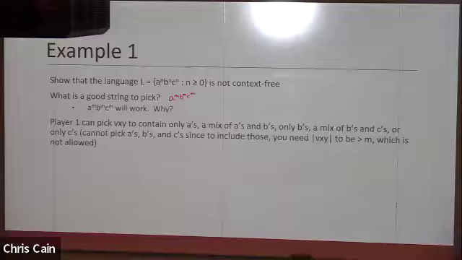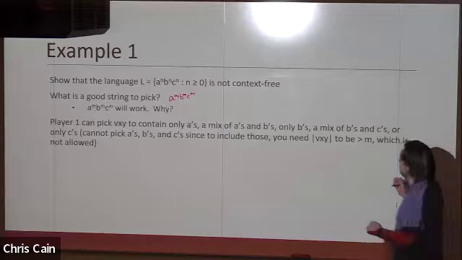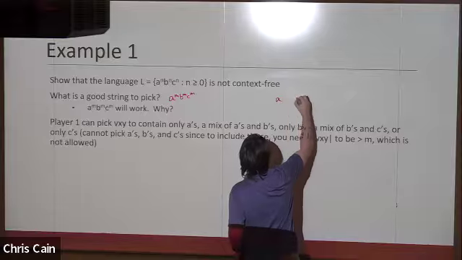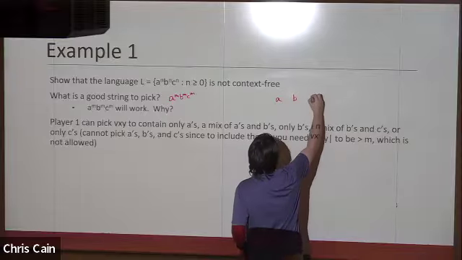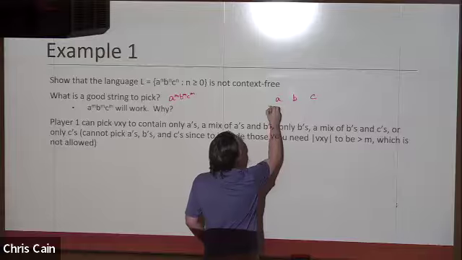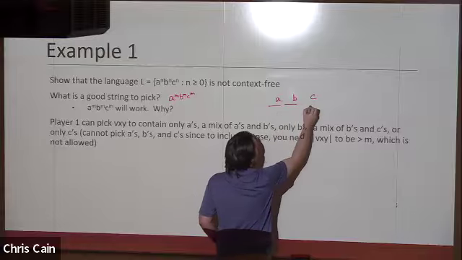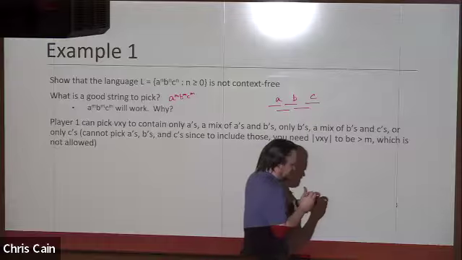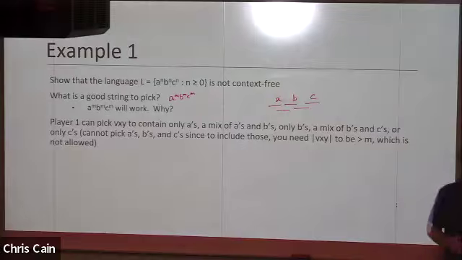And I was hoping there was a visual for this, but I'll draw out the visual because I think that will help. So we have some A's, some B's, some C's. We can either see all A's, all B's, all C's, or a window containing some A's and B's and some B's and C's. Why can't we see some A's, some B's, and some C's?